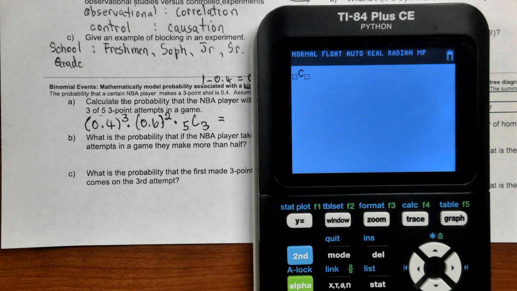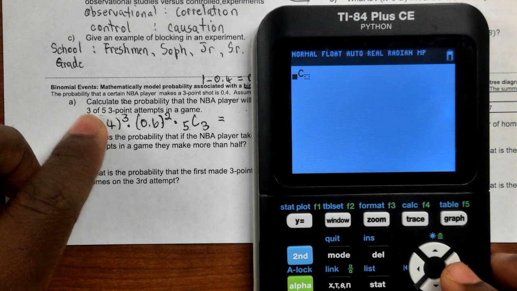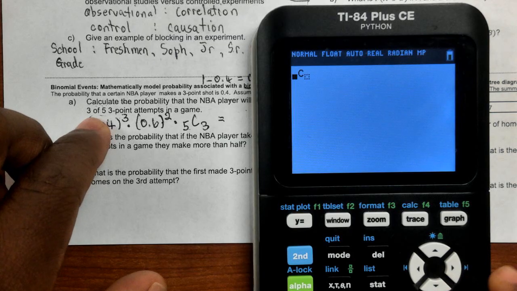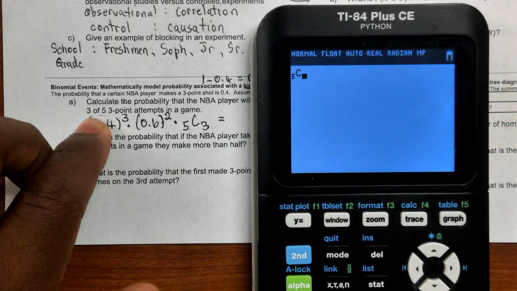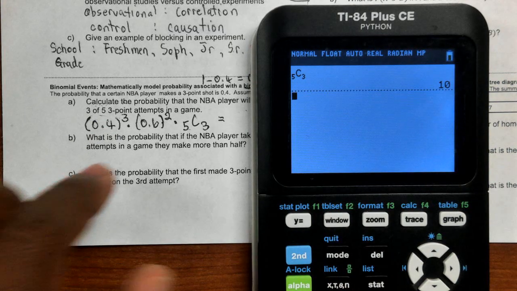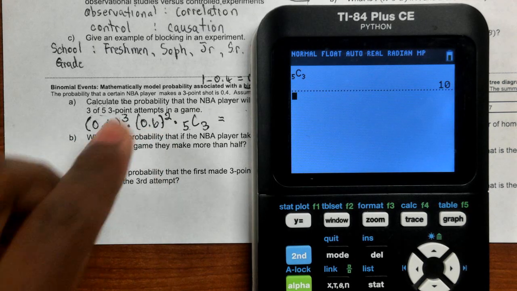R is the ratio that you're trying to evaluate it for. In this case, the success I need to make is 3. So the number of trials is 5, and the success I need to make is 3. So 5 choose 3 is 10. Now I need to multiply that by 0.6 squared and 0.4 cubed.